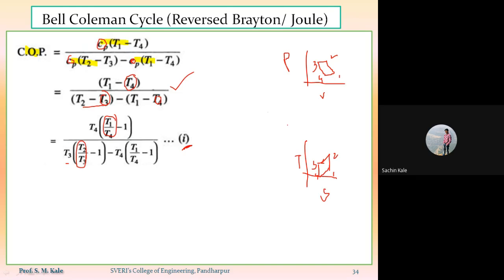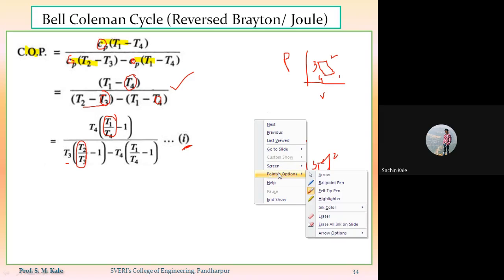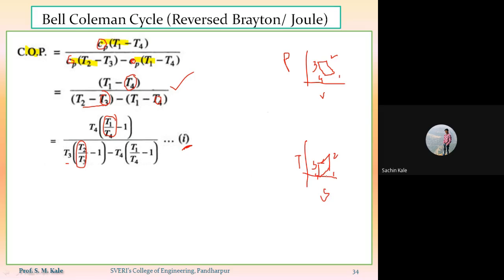So if you see the PV and TS diagram clearly, you will observe that process 1 to 2 is an isentropic process, and process 3 to 4 is again an isentropic process. That means process 1 to 2 is an isentropic compression process, and process 3 to 4 is an isentropic expansion process.